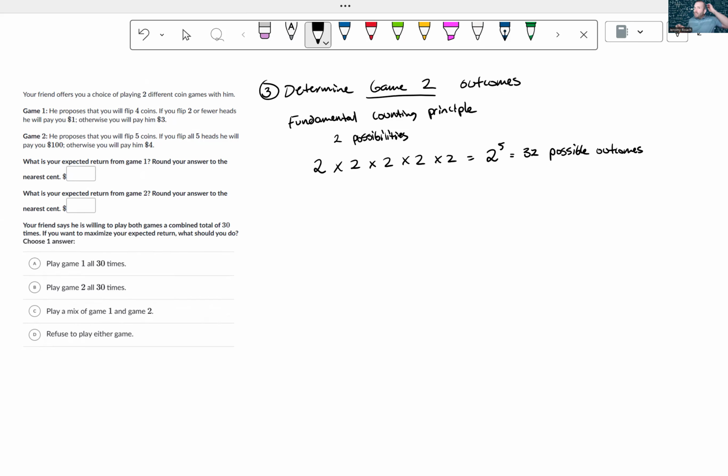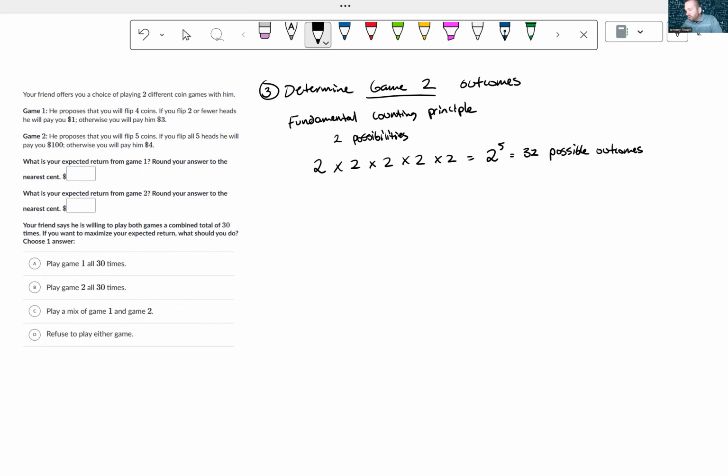Okay. So you might be thinking, well, now we have to write this table again, instead of 16 of them, now we have to figure out 32 of them, and I have to write out all the heads, tails combinations. That's not true. You don't have to do that. You can use the combinations method that we did earlier. In fact, if we read this more carefully, it says if you flip all 5 heads, you win $100.